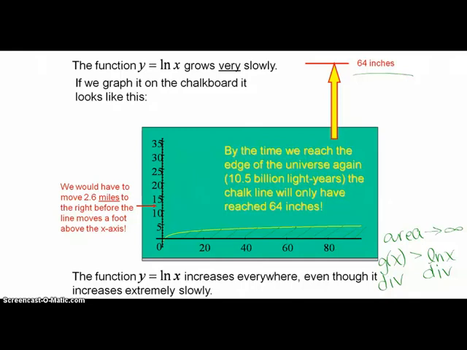Now e to the x and natural log of x are not the only two functions we can use for comparisons, but they're ones that I want you to see. Not every function has to blow up as quickly as e to the x to be considered divergent. There's still area accumulating. That's how big infinity is. Natural log of x grows so slowly, but infinity is so big that there's enough space for that area to continue to grow. So if we integrate natural log of x dx from 1 to positive infinity, we would find that the area goes toward infinity.